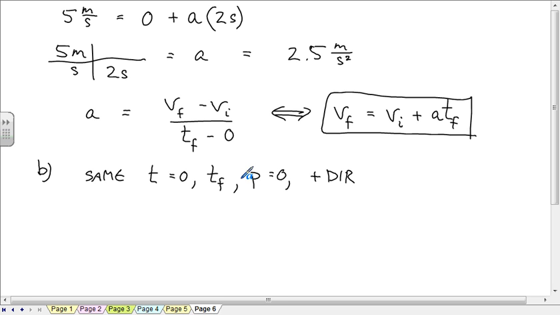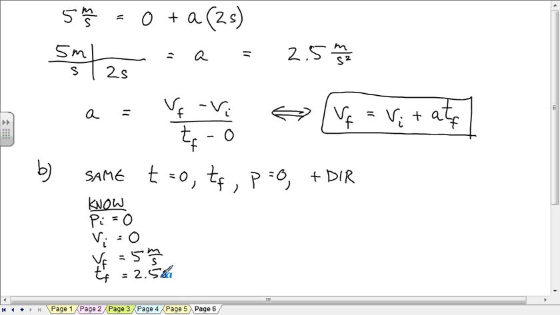Because none of those have changed meanings. So we still know p initial equals 0, v initial equals 0, v final is 5 meters per second. T final is 2 seconds. And we know one more thing.